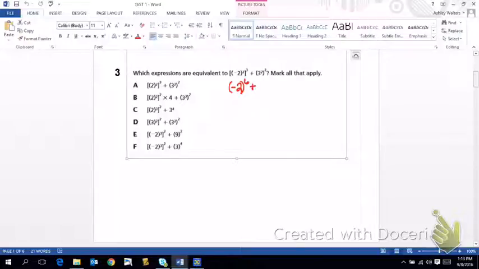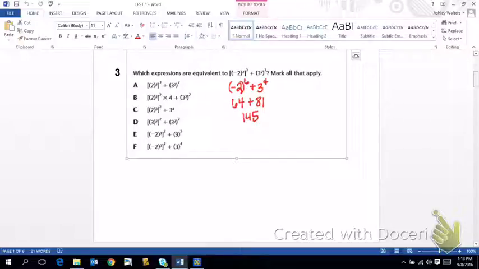And we'll be adding that to 3 squared to the second power, which is going to give us 3 to the 4th power, because multiplying the exponents will give us a 4. Now, when we figure out negative 2 to the 6th power, we identify that that is equal to 64, and 3 to the 4th power is equal to 81. So now when you add those together, you get 145.